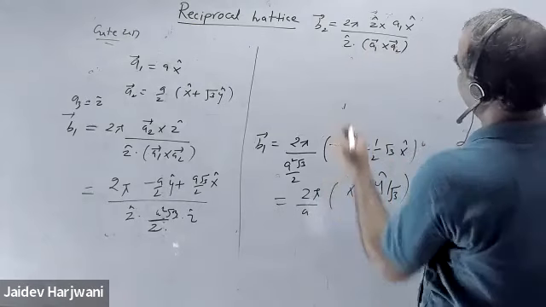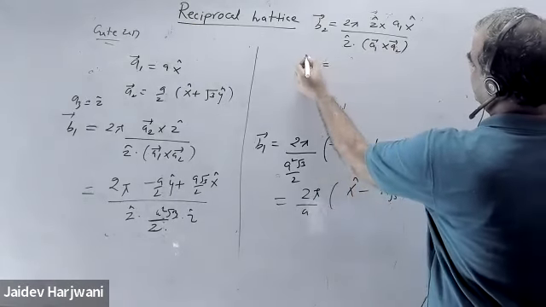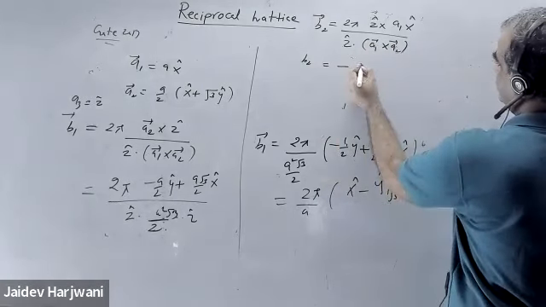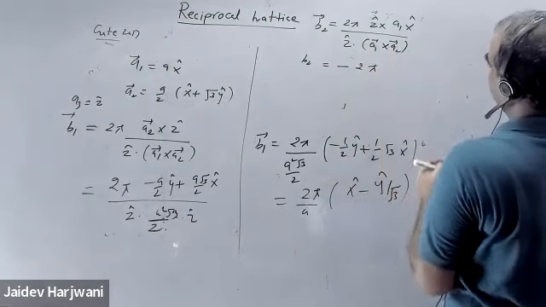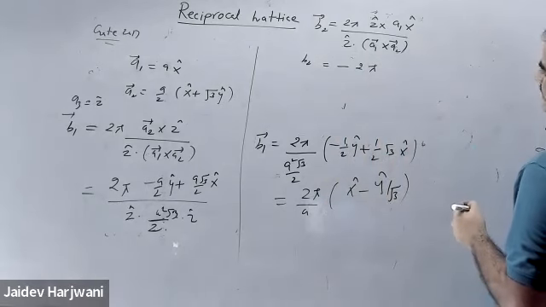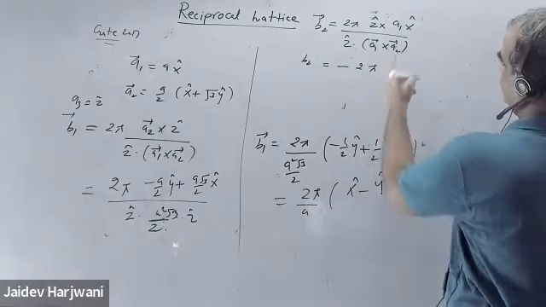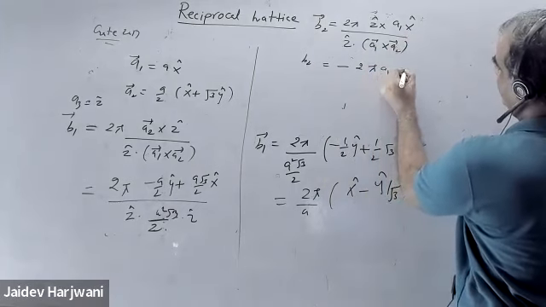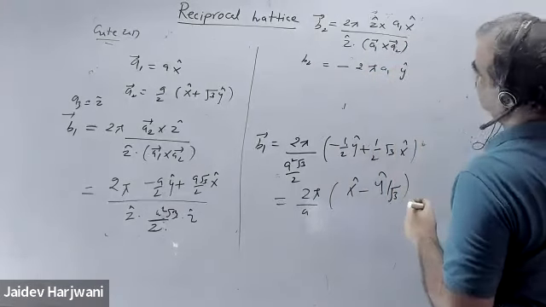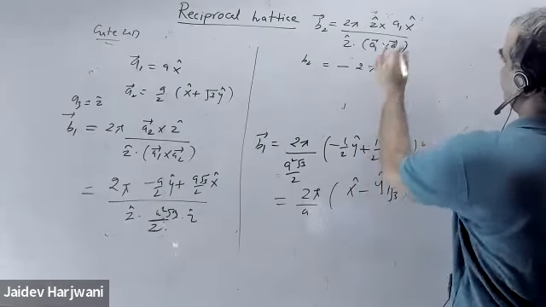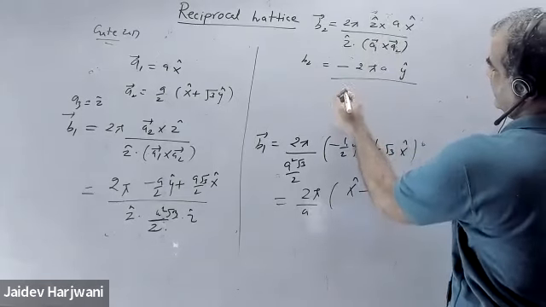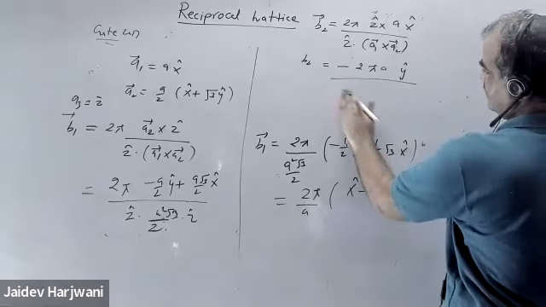So if you take this, b2 will come minus 2 pi, z cross x is y cap, so z into y cap, and a1 y cap, and what comes below? The same root 3 a square.